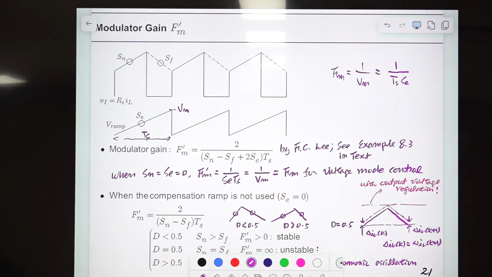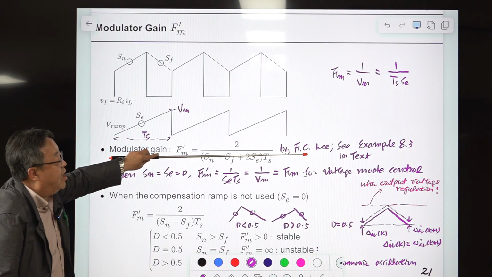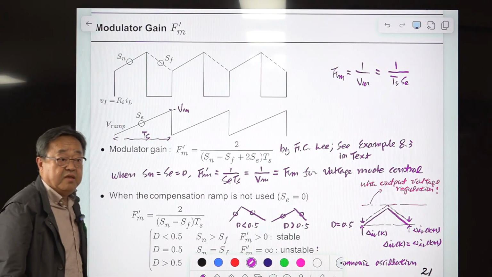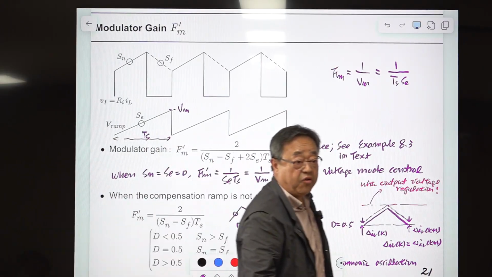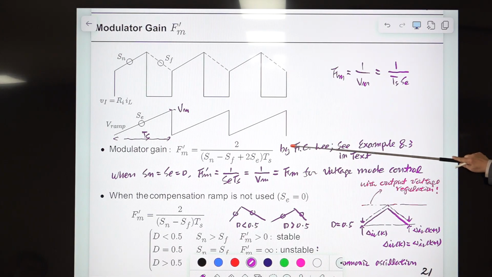This is different. Derivation of this is not so easy, but it is feasible. You can derive this, but you don't have to derive this by yourself. I already derived it. And this guy is Fred C. Lee. I said this, he is the second father of power electronics, and he derived this, okay, and I copied his result in chapter 8, example 8.3 in text, okay.